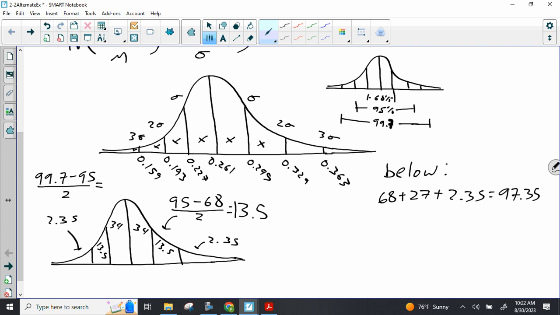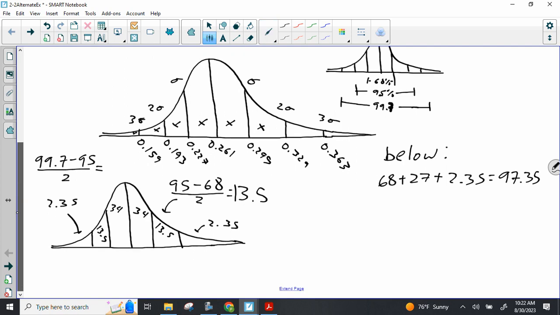Okay, so now we're going to do this one using the table. We're still on B sub 1. So with the table, I'm going to need to find a z-score first. X minus my mean divided by my standard deviation. That's the empirical rule, or the 68, 95, 99.7 rule.